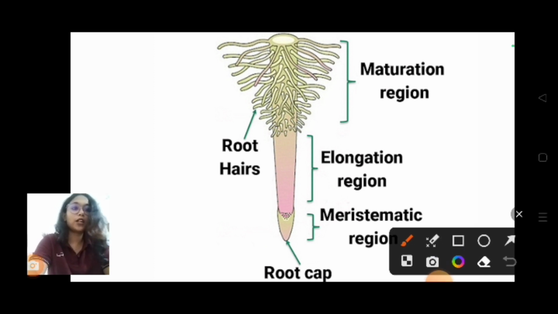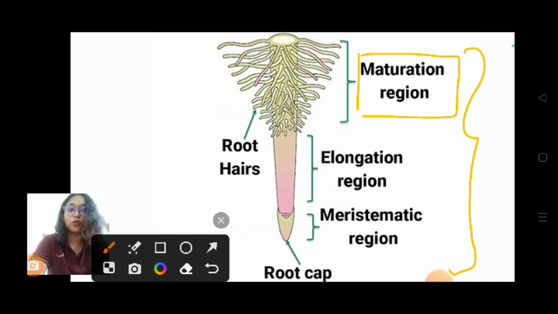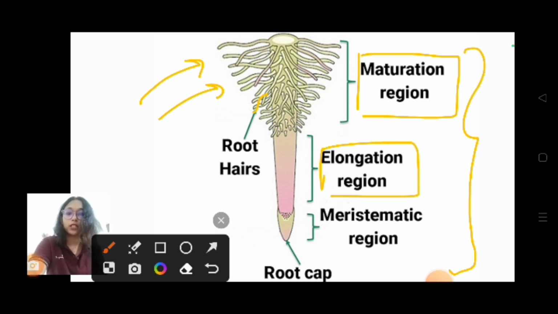So this is a figure showing the root tip region. So it is having 3 regions, that is maturation region, which is having the root hairs, which help in the absorption of water and minerals from the soil. Then comes the elongation region, which helps in the elongation of the roots. Okay. Then the meristematic region, which is called the region of cell division, where the cells multiply.